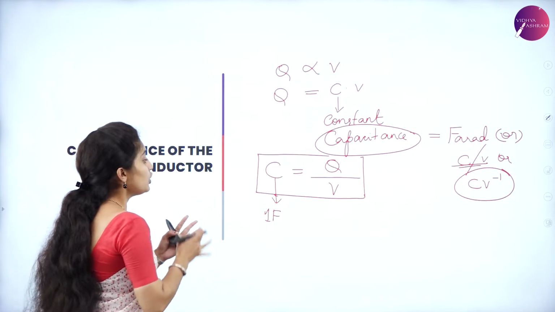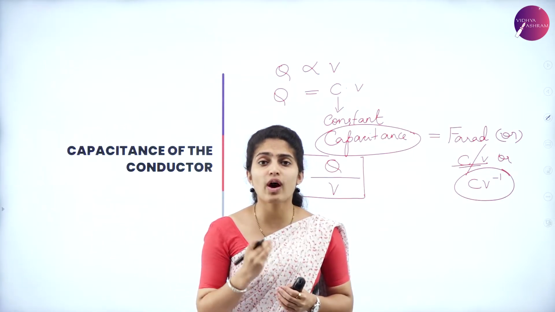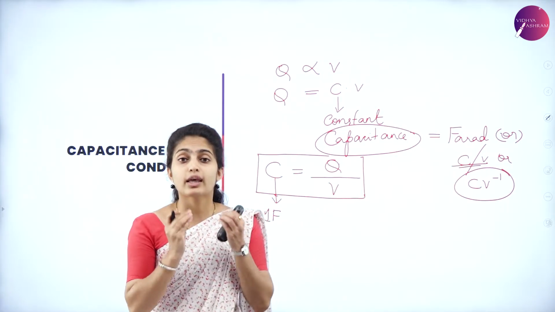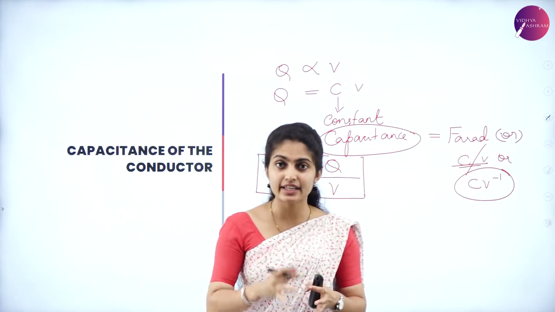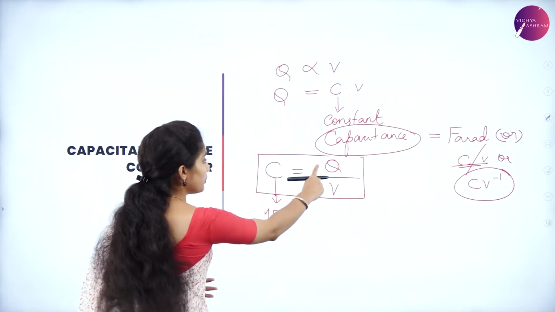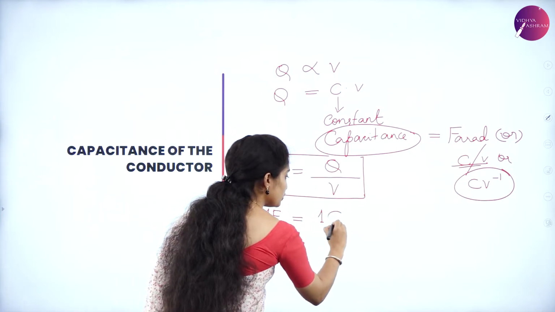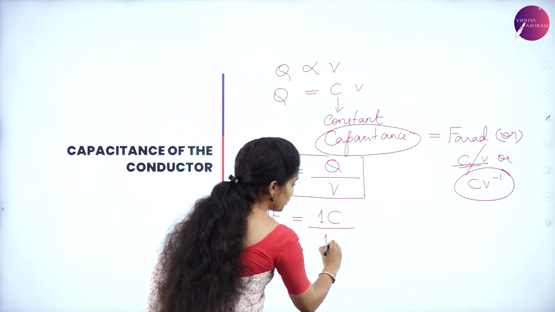Okay. So when can you say capacitance is 1 farad? How do you define 1 farad? The capacitance of the conductor is said to be 1 farad when 1 coulomb of charge is required to raise its potential to unity.